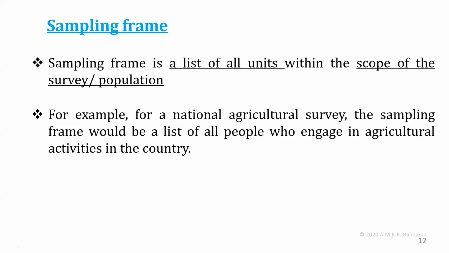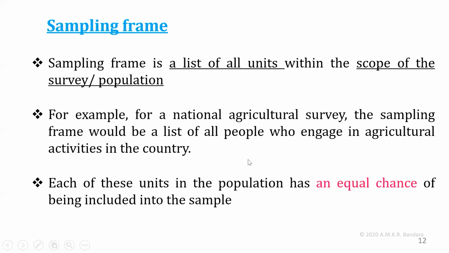That is called the sampling frame. Another example, if I want to study some characteristic of your class, IQ ability, my target population is the students in your class. Then I should have a list of all the students in your class. It is called the sampling frame.